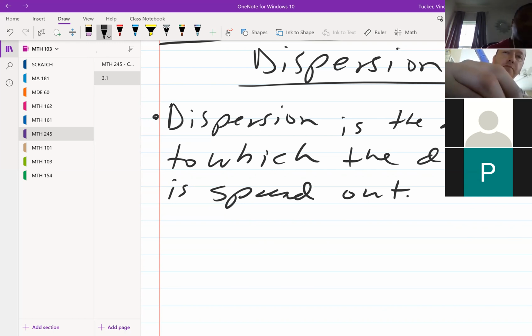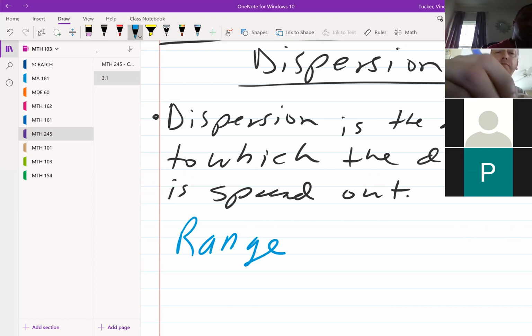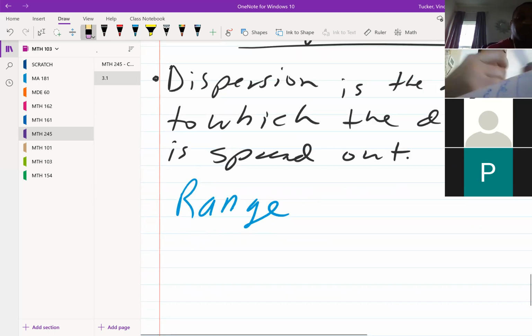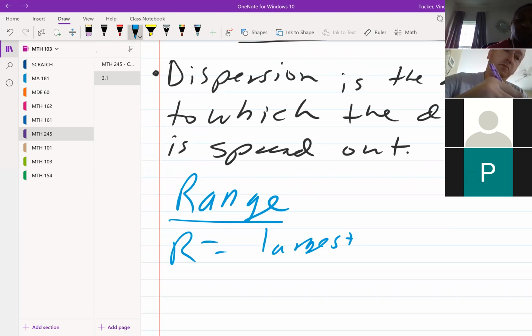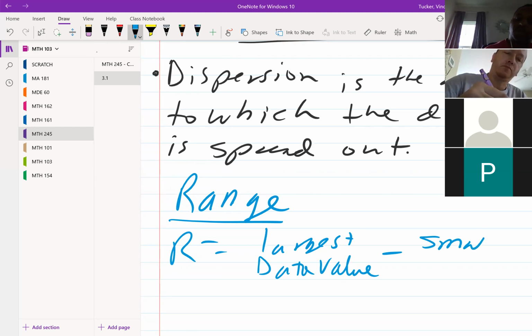All right, let's go here. So the first calculation they give you here is the range, just your largest data value minus the smallest data value.